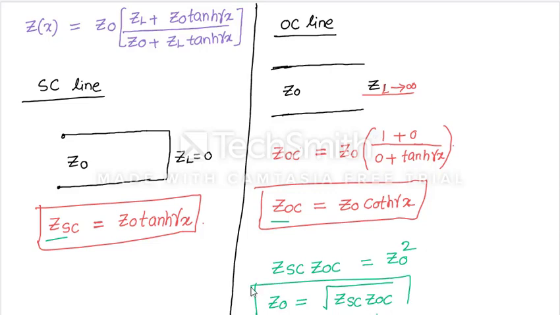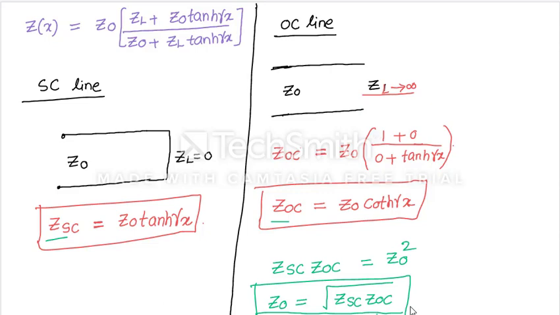Z0 is equal to the square root of ZSC into ZOC, where Z0 is the characteristic impedance, ZSC is the short circuit impedance, and ZOC is the open circuit impedance.